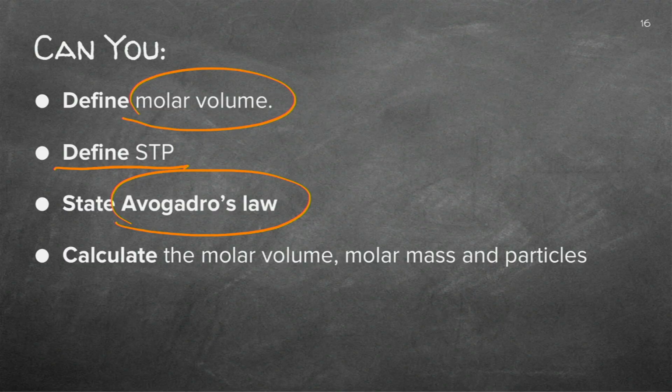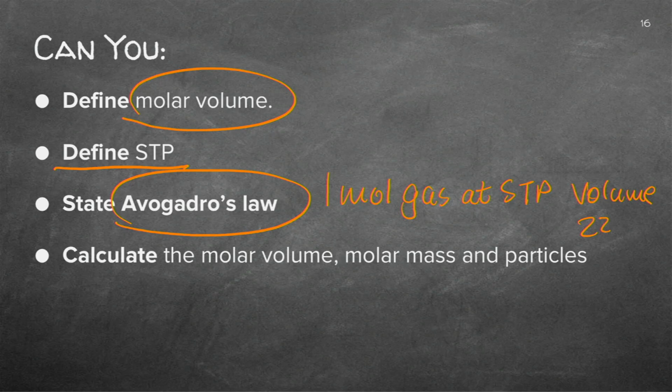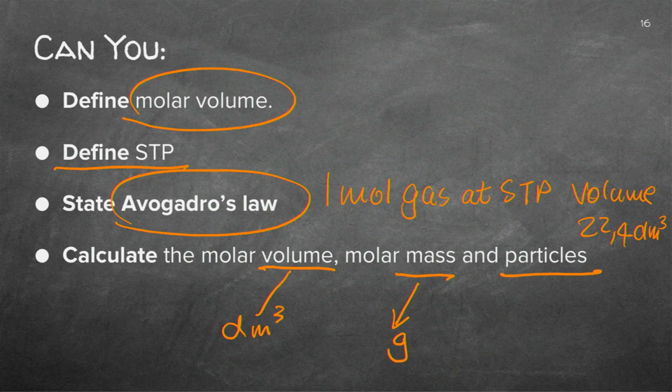And Avogadro's law says to us that 1 mole of gas at STP will have a volume of 22.4 cubic decimeters. Guys, and also make sure when you work with volume that it's in cubic decimeters. When you work with mass that it's in grams, and then particles, obviously you're going to use that number. So make sure that you work accurately.